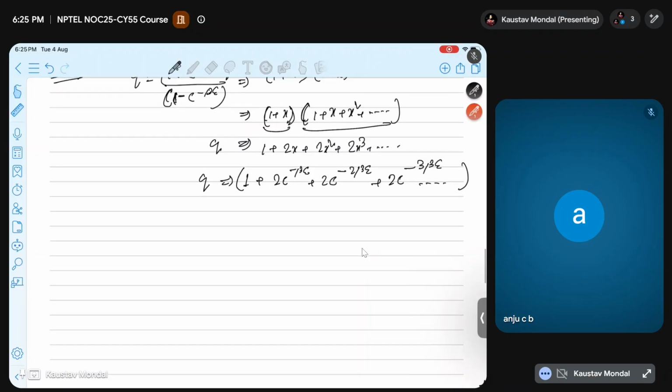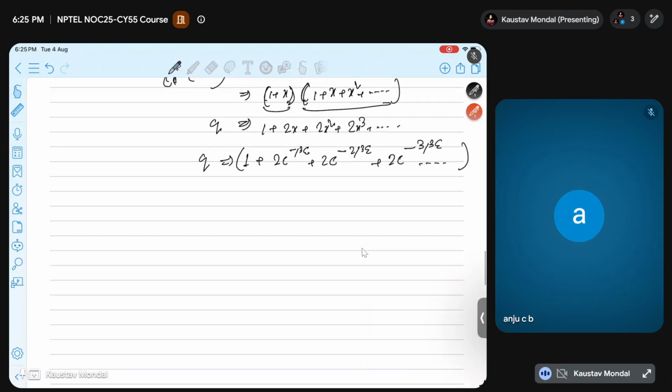We know our general expression of q is g0 plus g1 e to the power minus beta e1 plus g2 e to the power minus beta e2, and so on. Here g0 is the degeneracy of the ground state.